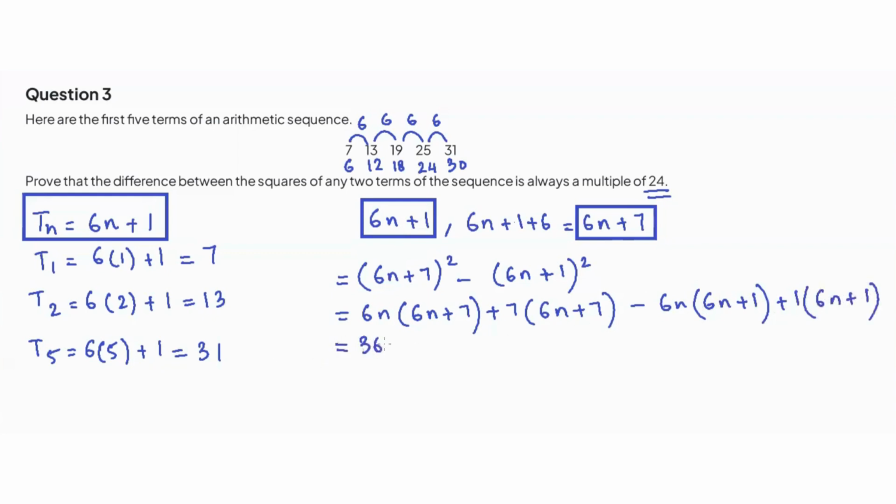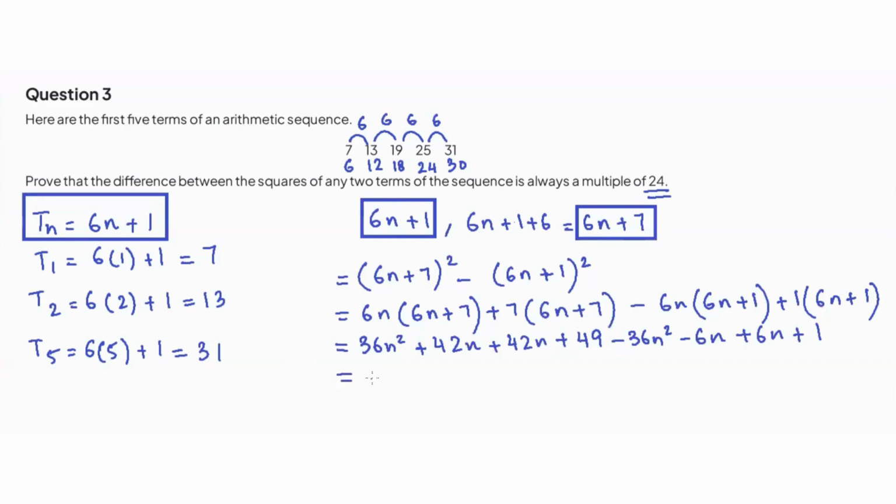That's going to be 36n squared plus 42n plus 42n plus 49, then minus 36n squared minus 6n minus 6n minus 1.